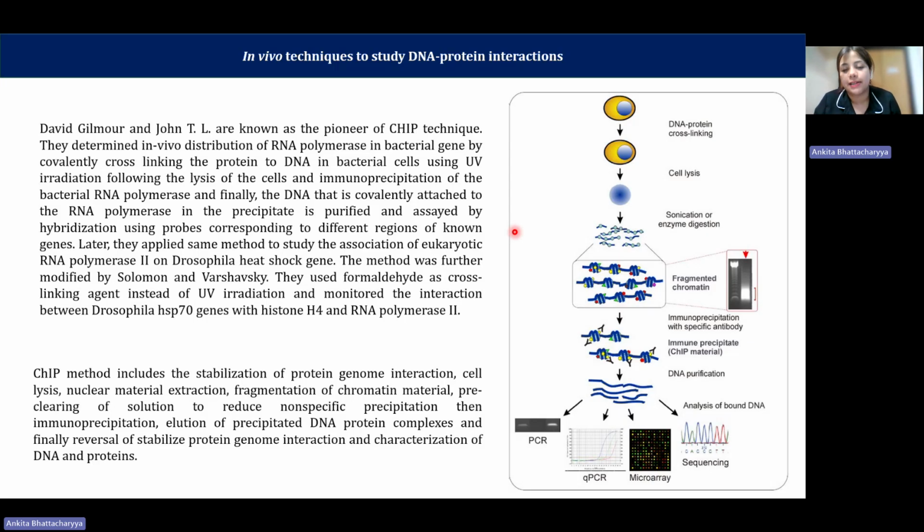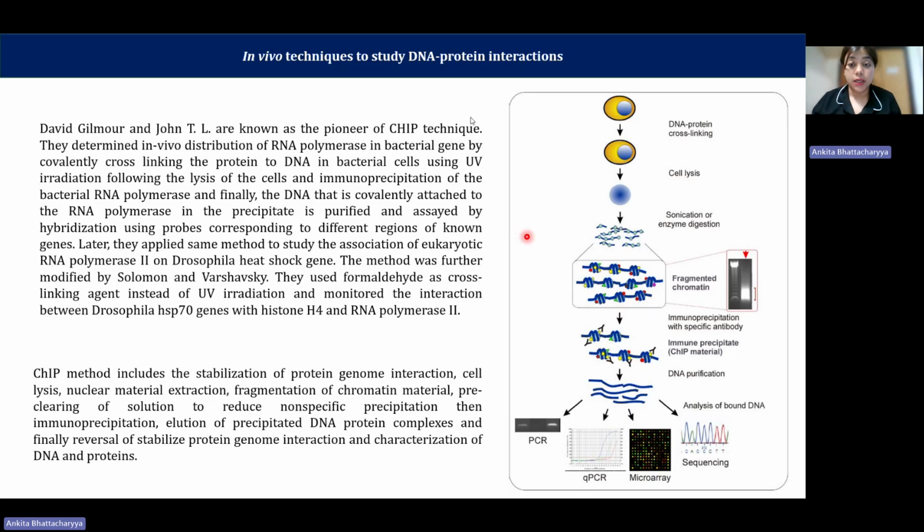Formaldehyde is just more reliable, a much better cross-linker. They monitored the interaction between the Drosophila HSP70 genes with histone H4 and RNA polymerase II.